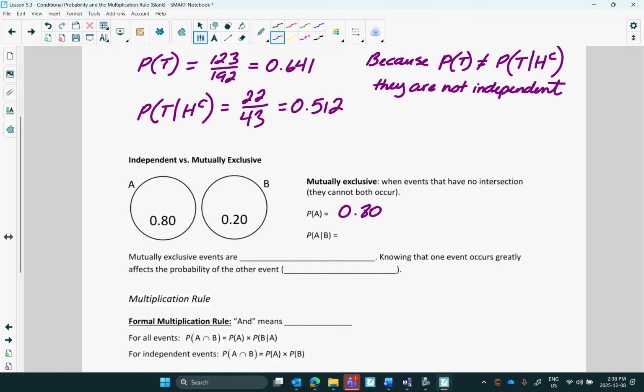What's the probability of this happening given that this has already happened? Think about it. 0. Doesn't make sense. So because these are not equal to each other, they are not independent. So mutually exclusive events are not independent.